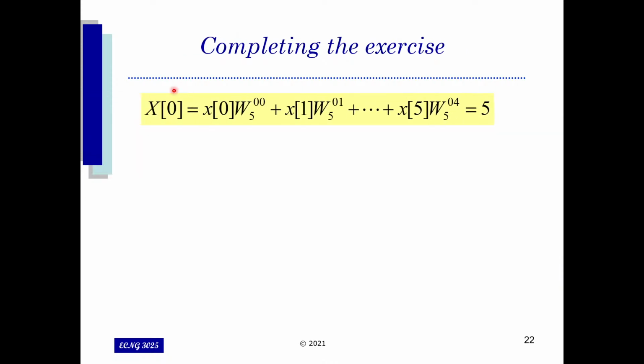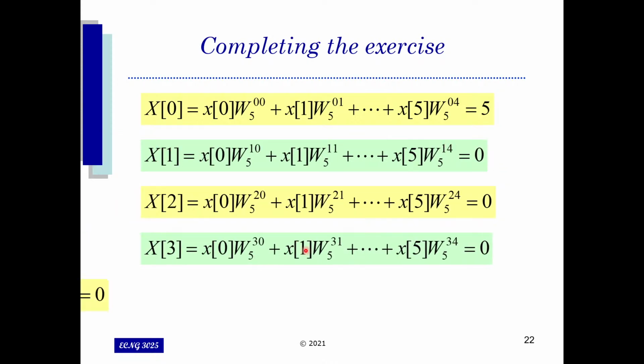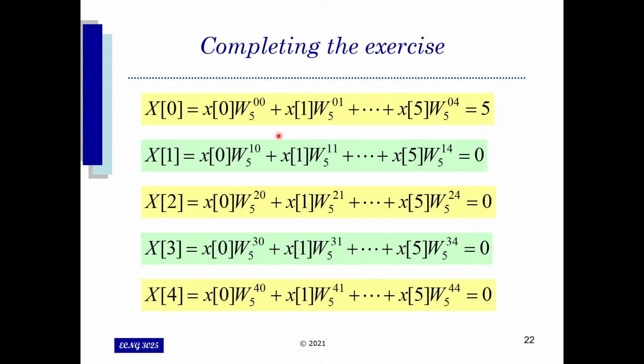So if we calculate for x of 0 here, and calculate for x of 1, x of 2, x of 3, and x of 4, we basically see here that x of 0, being our DC component, is going to have a frequency magnitude of 5. But x of 1, 2, 3, and 4, which basically represent our first, second, third, and fourth harmonics, are going to have a value of 0. And the reason for this is that the nature of that DC signal is such that it's DC.